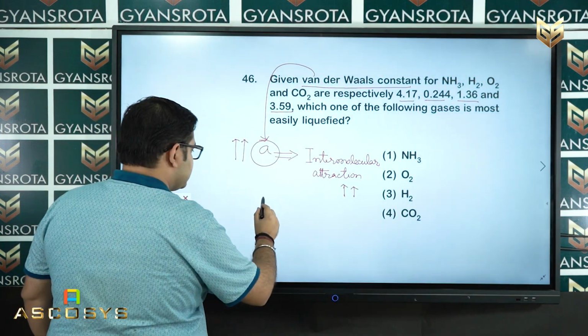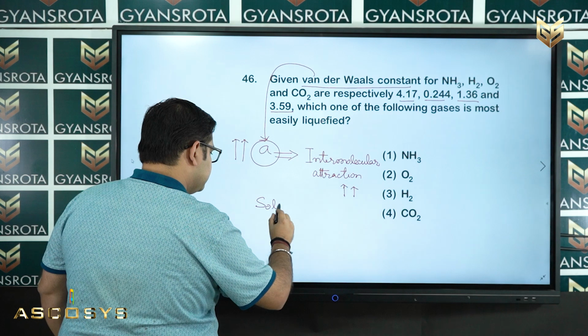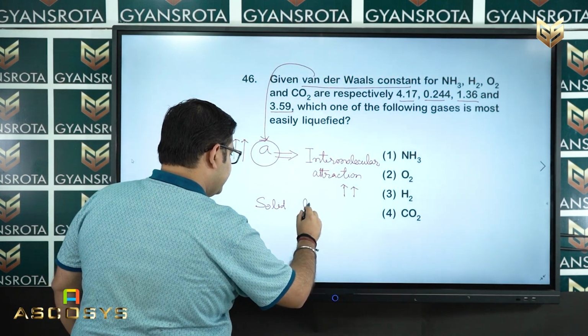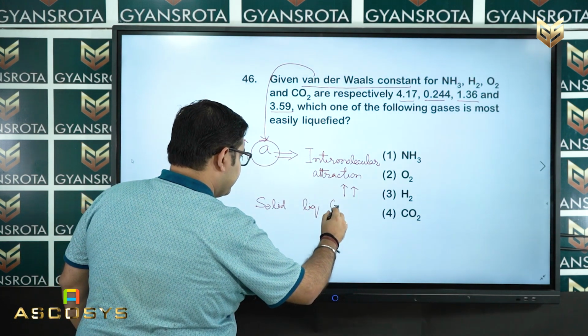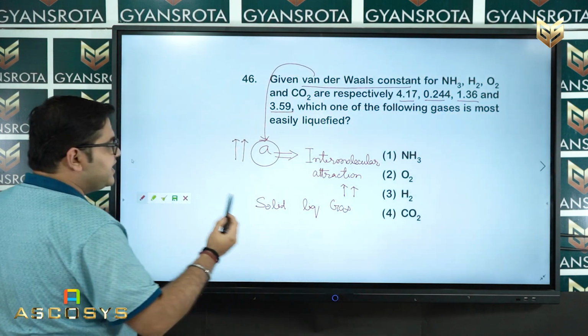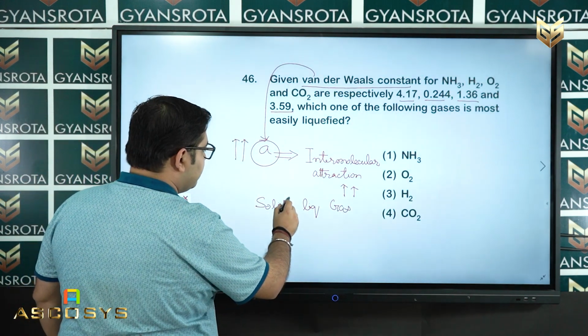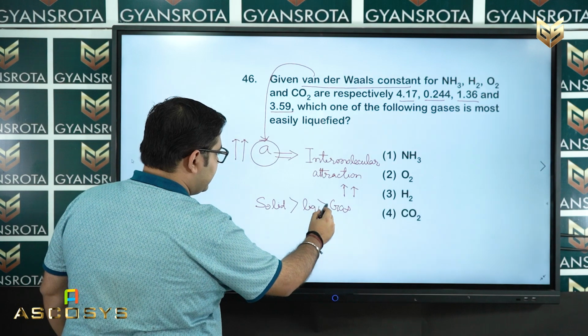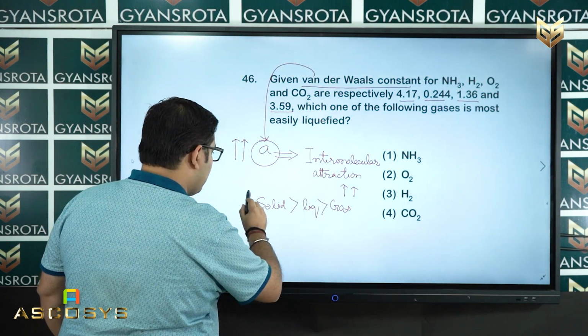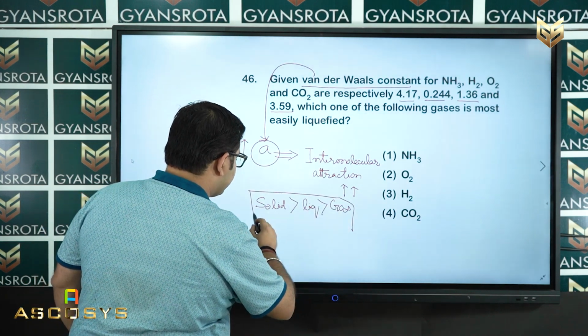Now, if you see solid, liquid and gas, the highest intermolecular interaction is found in solid, then liquid, then gas. So, this is the order of intermolecular attraction.